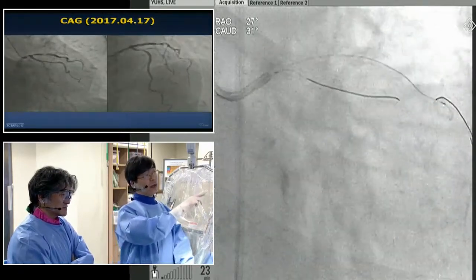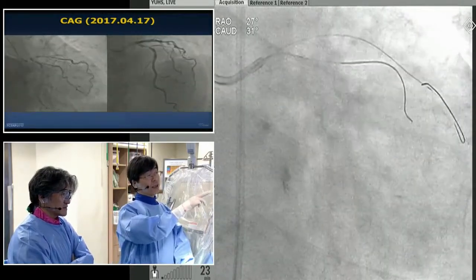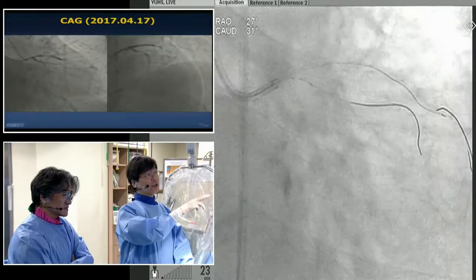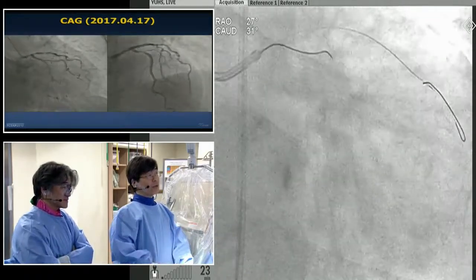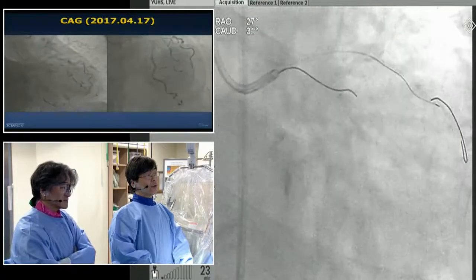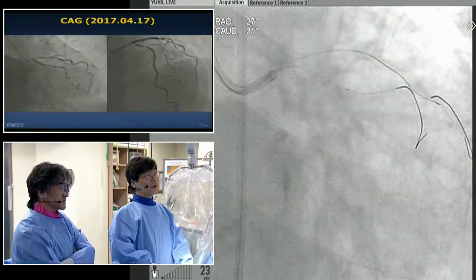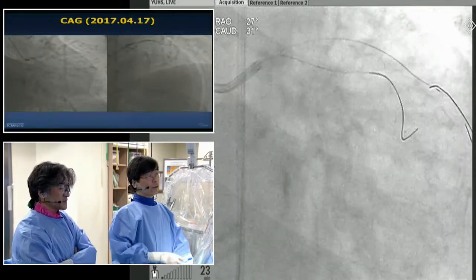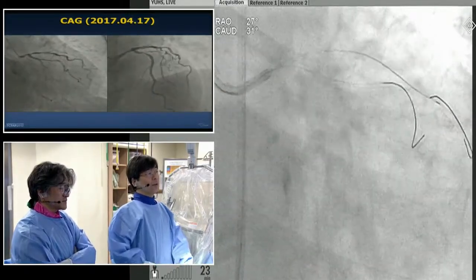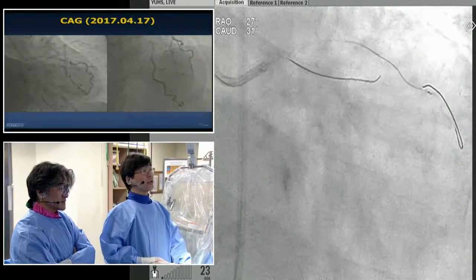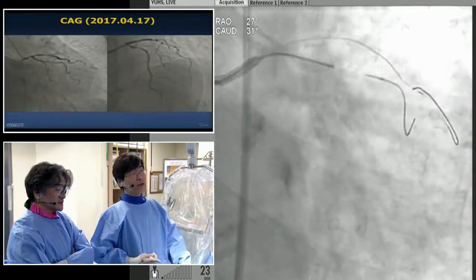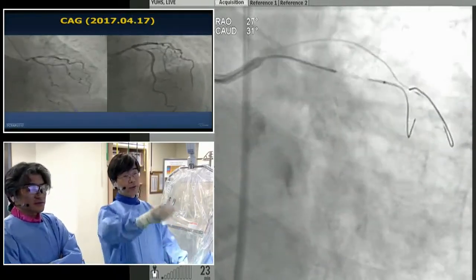And then I will do the guide wiring in the circumflex or OM branch and test it. No contrast. Still no contrast. Okay, no contrast technique. Yes, and do the next IVUS examination. Okay. Your turn, Professor Kim.